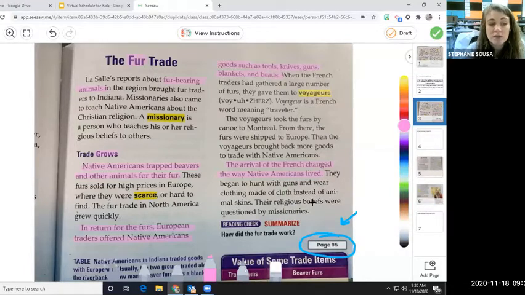Their religious beliefs were questioned by missionaries. So those are 3 really big changes. Native Americans did not even know what a gun was until Europeans came. So that was a really big change in the way they could hunt food and protect themselves. Instead of using bow and arrows or spears made from rocks, they could now use guns.